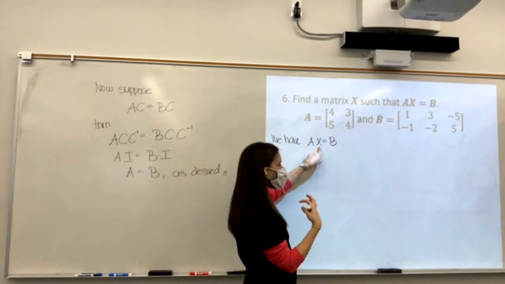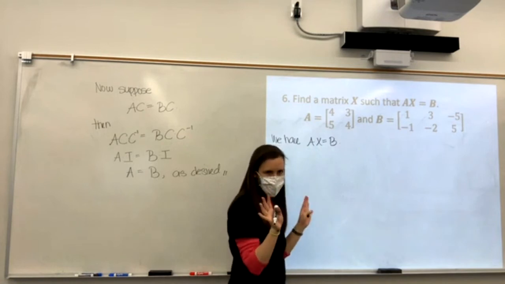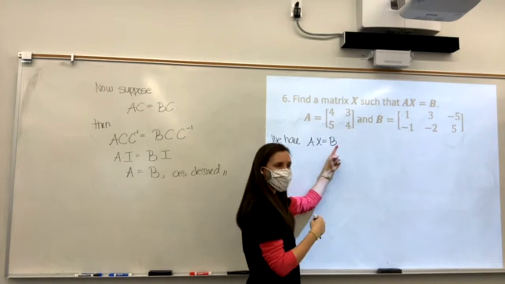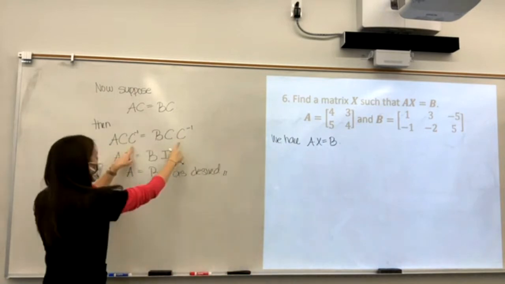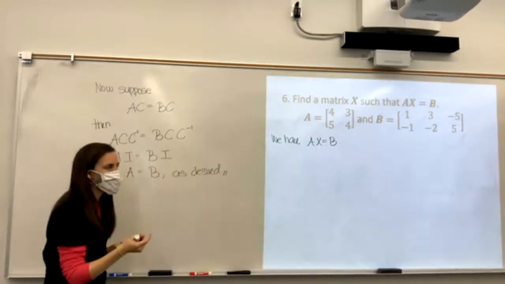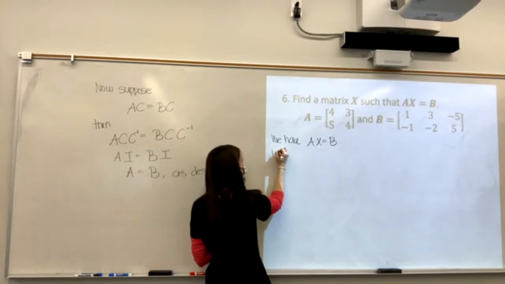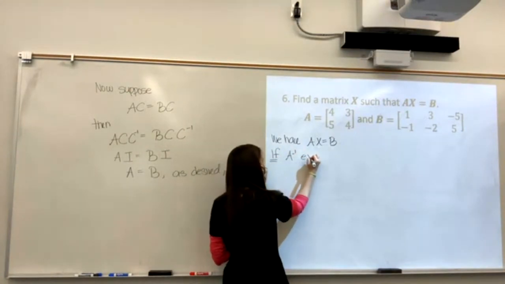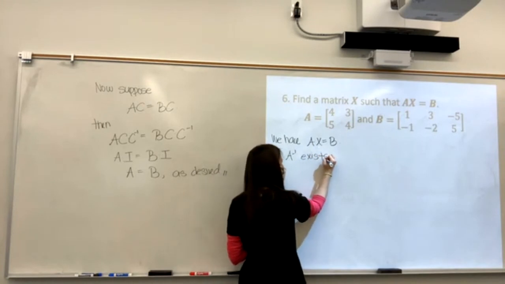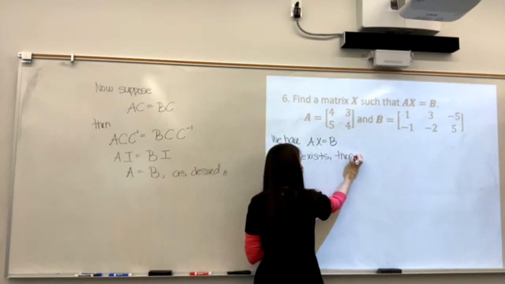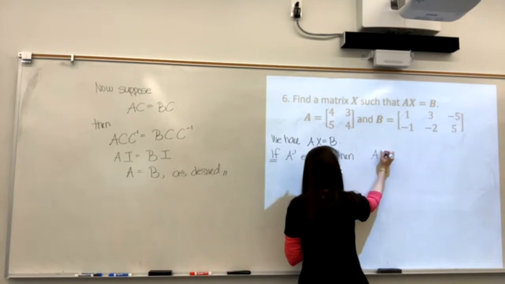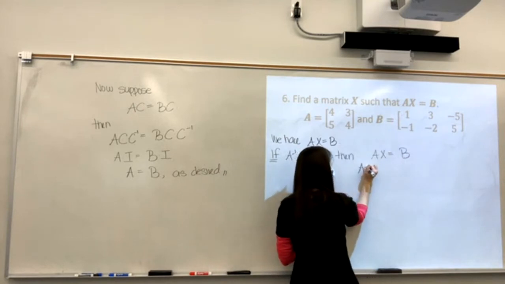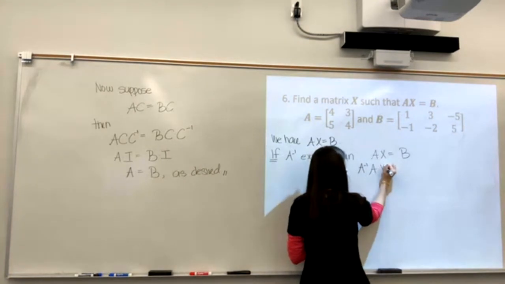So with matrices, remember, we're not allowed to divide by a matrix, right? That's not a thing. The way that we move matrices from one side to the other is by using inverses. So what we can say is that if, and this is a big if, A inverse exists, then where I have AX equals B, I can multiply on both sides of that equation by A inverse.